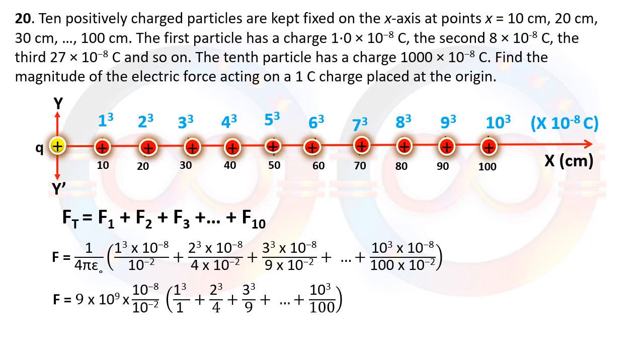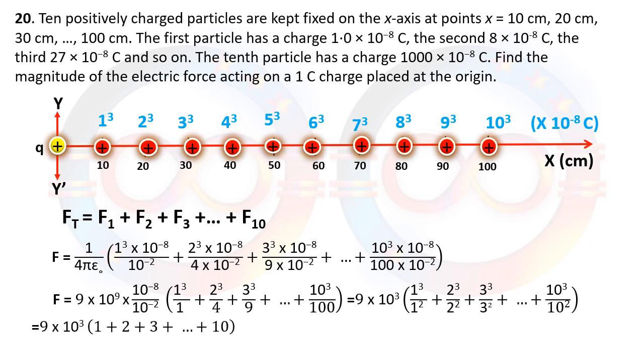Then 1 cube, 2 cube, 3 cube upon 1, 4, 9. If we take 1, we can write 1 square. If we take 4, we can write 2 square. 9 is 3 square. So after comparing this, we get 1, 2, 3, 4, 5 up to 10. It will be a simple algebraic sum of 1 to 10.